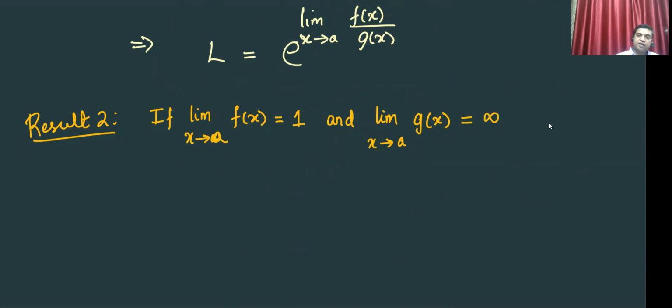So then limit x tends to a, f of x to the power g of x. So this is 1 raised to power infinity.